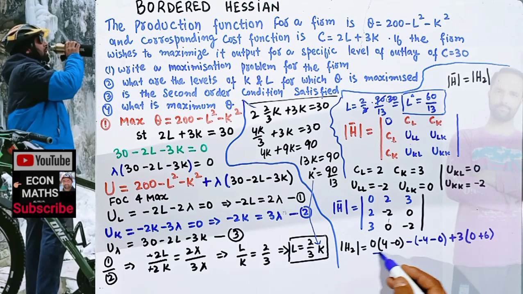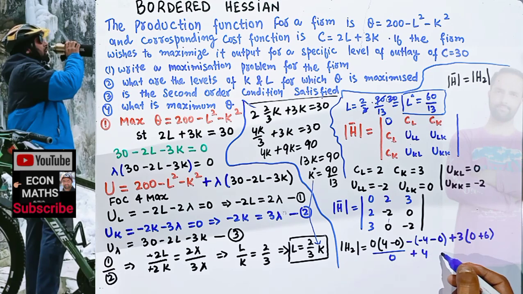So this will become 0, minus into minus is plus, here we will get plus 4, and let me write it here, plus 3 6 are 18. Okay, so we get H2 is equal to 22, which is greater than 0.